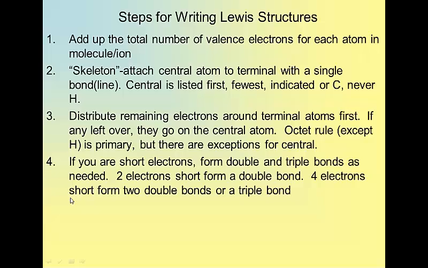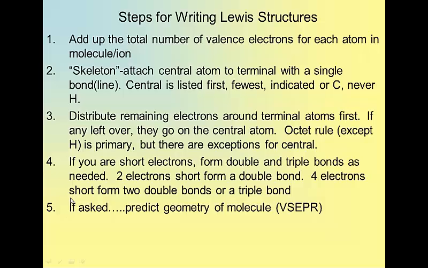Only for number 4, only if you come up short are you forming double bonds. Remember, this is all theory. It can get really crazy if you start throwing down double bonds wherever you want. So we are going to follow a particular criteria. Only if you come up short, only if you do not make the octet rule on the central atom are you going to form double or triple bonds.